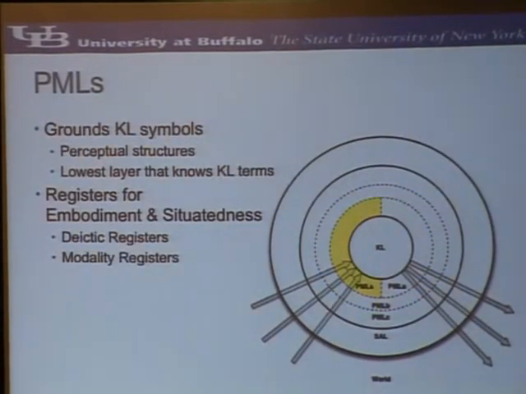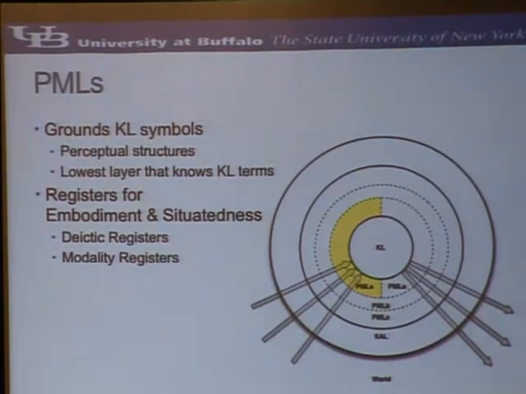The next layer is now divided into two parts as part of this move to MGLAIR from GLAIR. The PML-S, S for sensory, grounds the knowledge layer's highest-layer symbols in perceptual structures, which I'll talk about some more as I go along. This, with its companion, is the lowest layer that knows the KL terms.